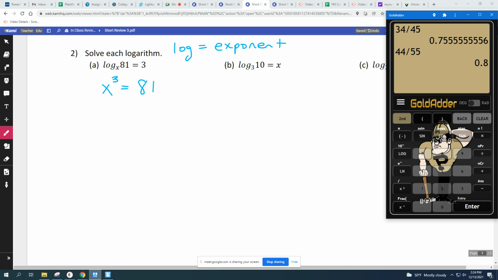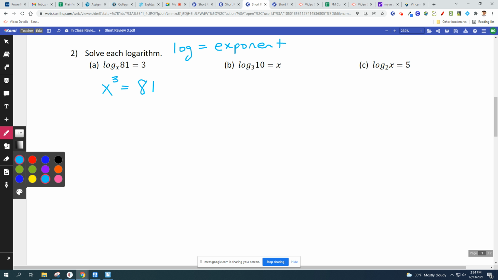In order to solve that, you'd have to take the cube root of 81. I'm not going to do that to you, okay? I would think a better question to ask on a final exam would be if that's a 4.